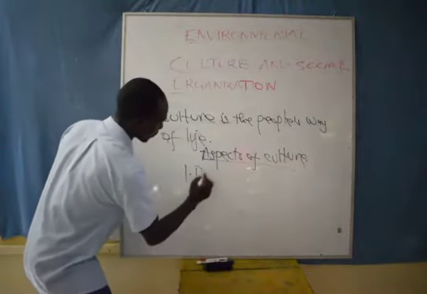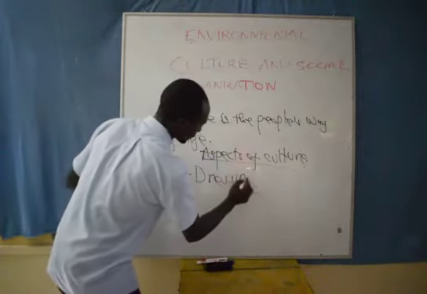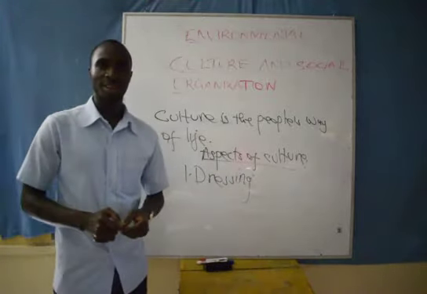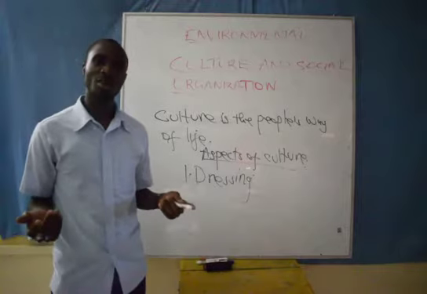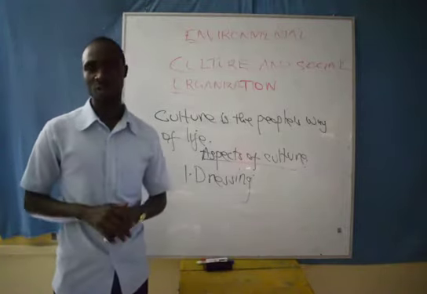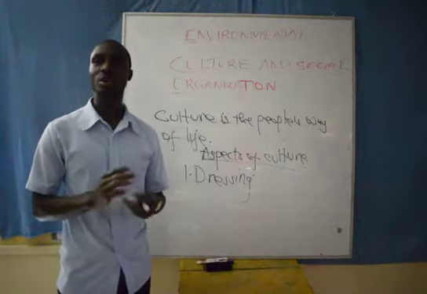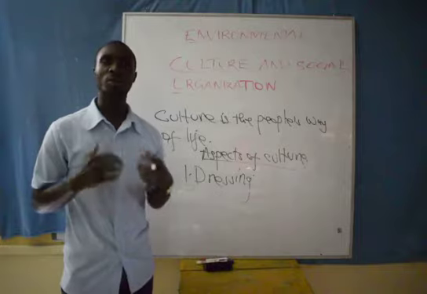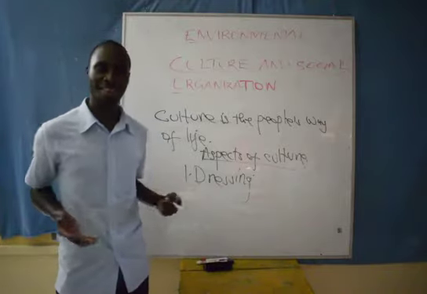Number 1, we talk of dressing. Different communities dressed differently. There were those communities, or many people traditionally did not have clothes. Just to say that clothes were not there traditionally. People used to put on hides and skins.